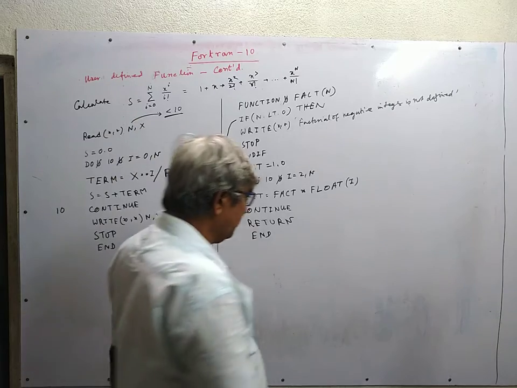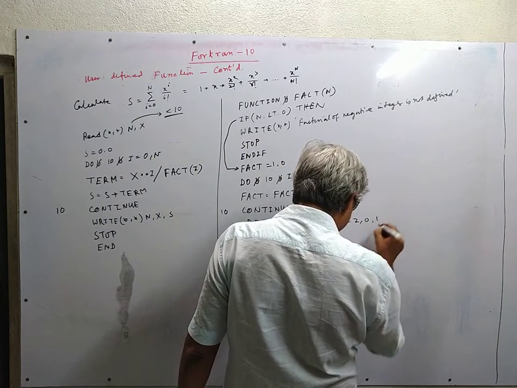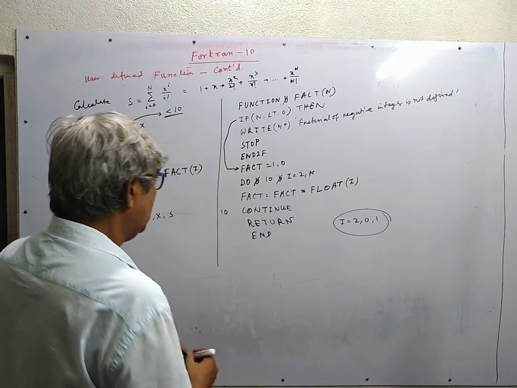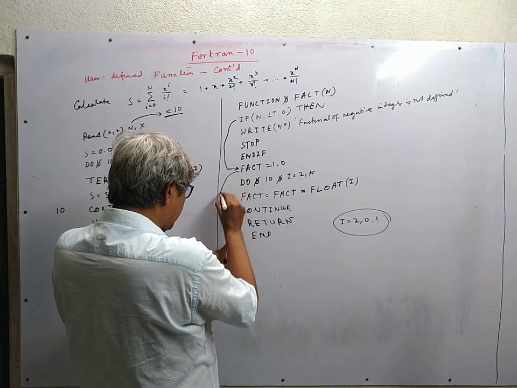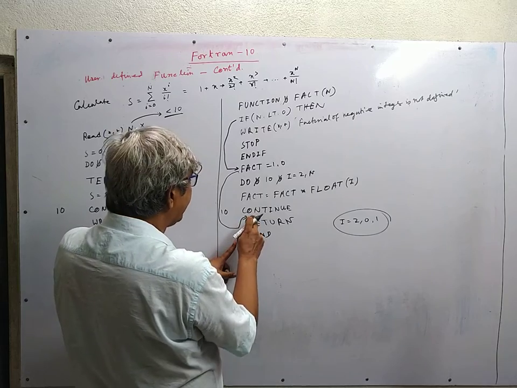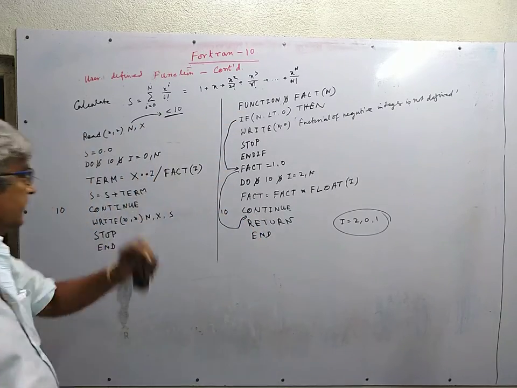And then the do loop is 2 to 0 in steps of 1, so the do loop does not work at all. So basically the program with n is equal to 0 comes here. Here the fact is 1, so it returns the value of fact as 1.